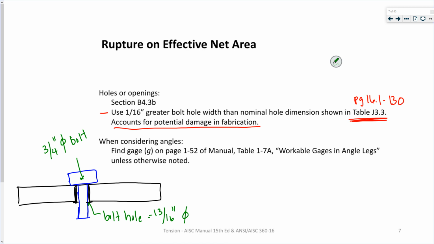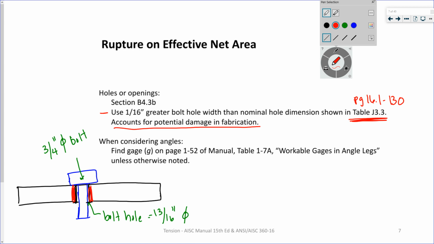And then when I'm actually calculating my net area, I'm going to subtract another. I'm going to assume that there's damage. This is damage.